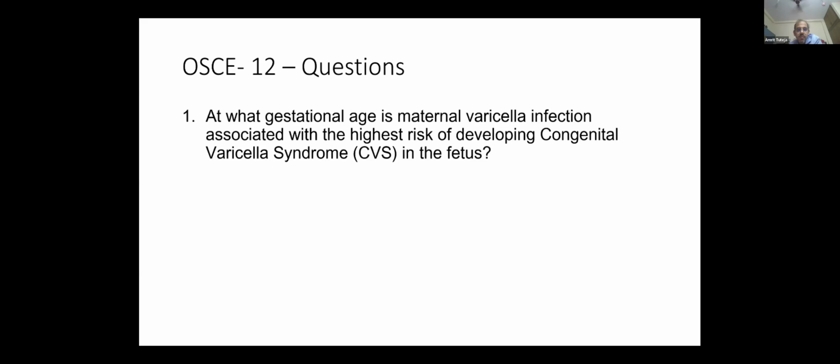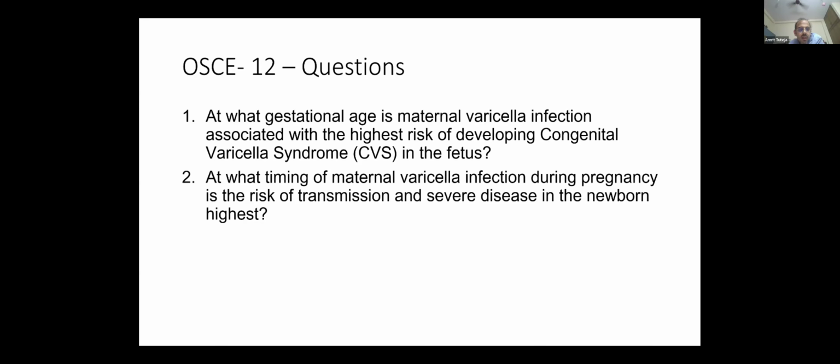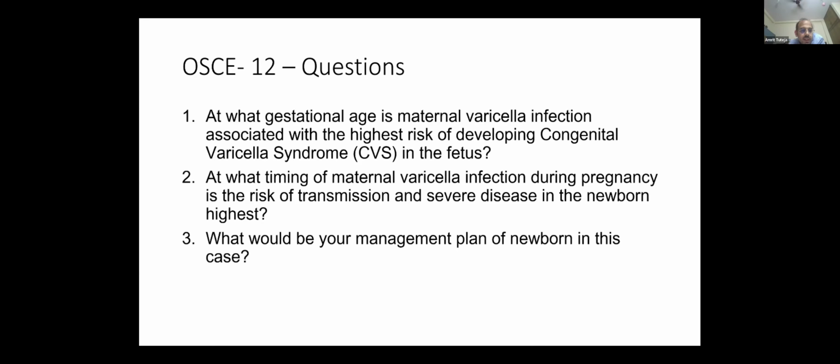I'll show other questions also. If that will take less time, I'll show all the questions. So these are the other questions. At what time during pregnancy is maternal varicella's risk of transmission from mother to child maximum? And the first question was, at what time of infection is the chance of congenital varicella maximum?